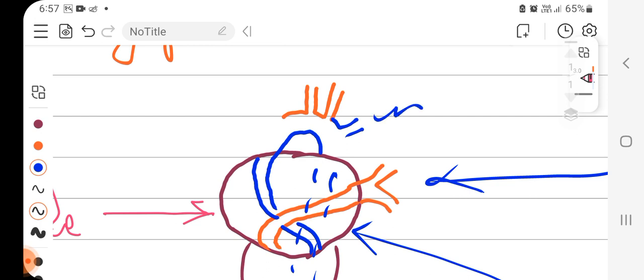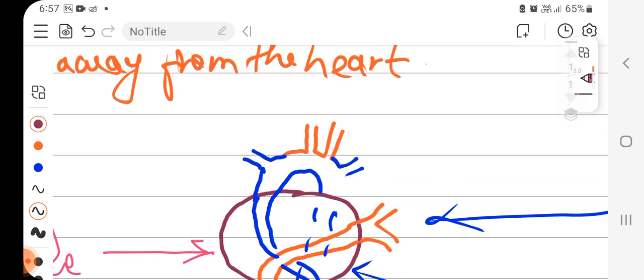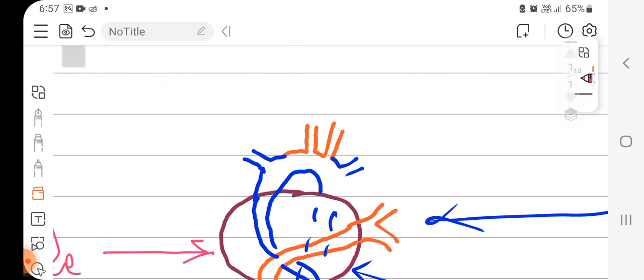Same as here, you have to make it here as well, and let's join it likewise. This is the carotid part, and now we will draw in this carotid part.